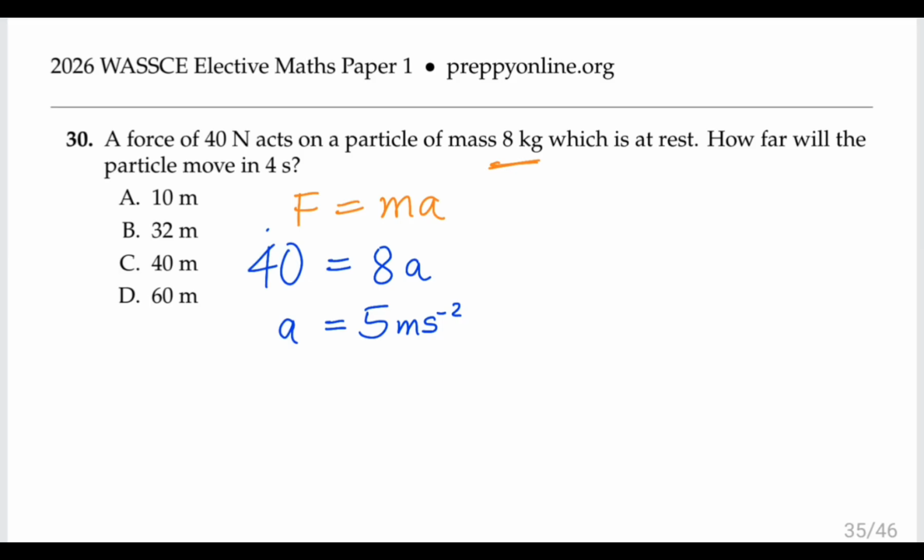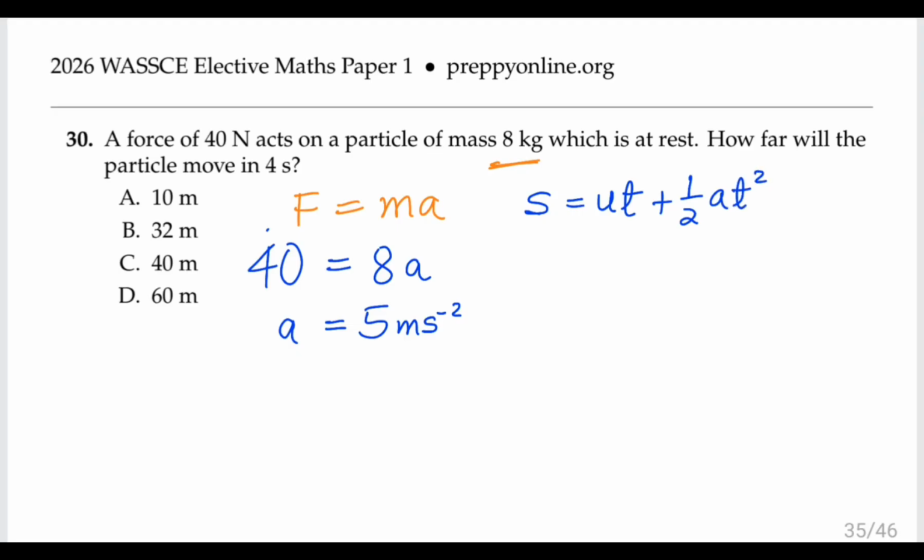All right. And now we are looking at how far the particle is going to move in 4 seconds. So here we are looking for distance. So we use the equation of motion involving distance. That's S equals ut plus half at squared.